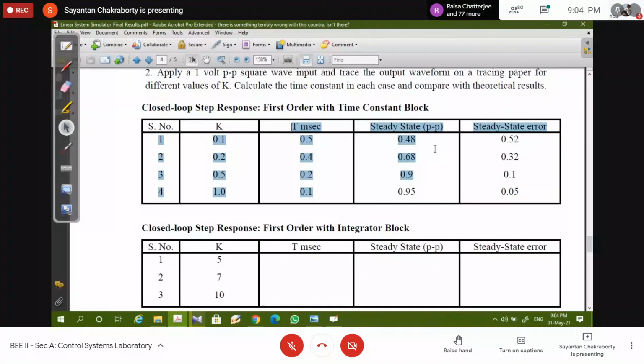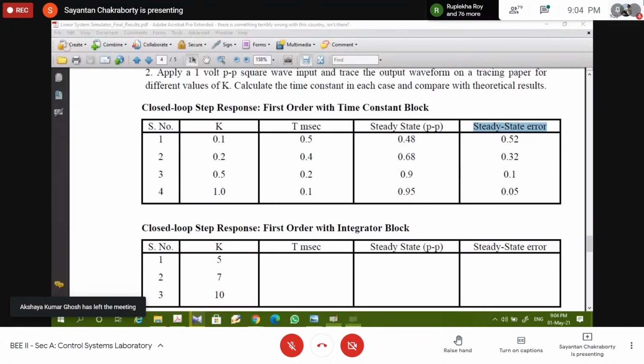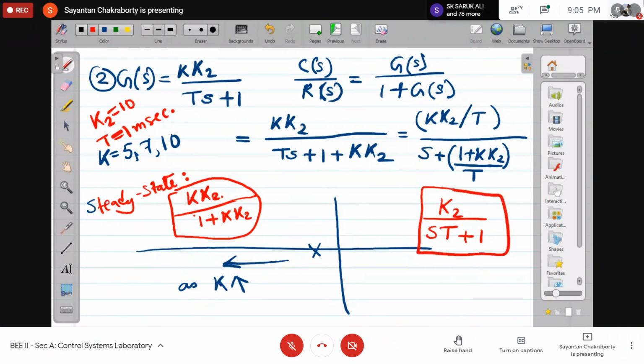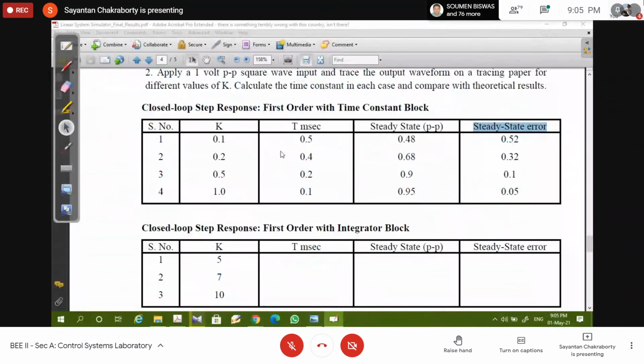The theoretical values for all these things: T, that is the time constant of the closed loop system, steady state value of the closed loop system, and the steady state error. Because you have already calculated in the previous step, this is known. The only unknown here is K. You have the values of K as shown here: 0.1, 0.2, 0.5, and 1.